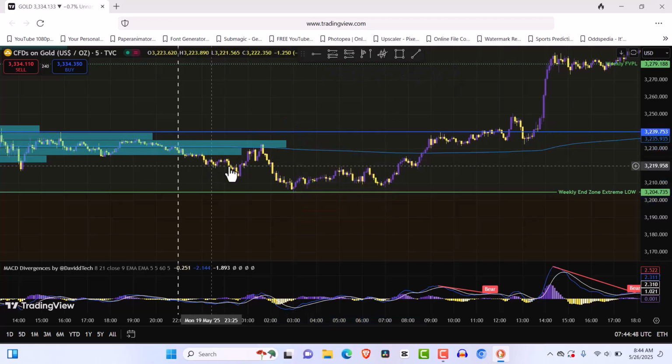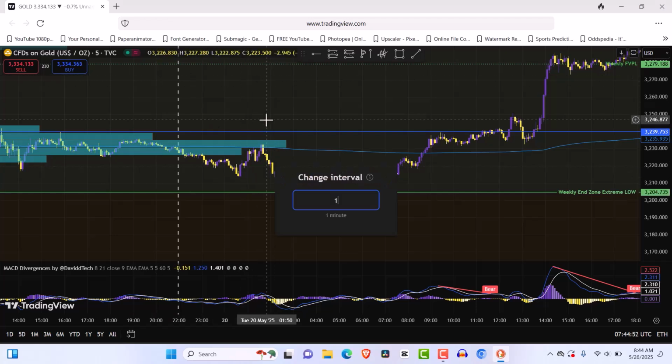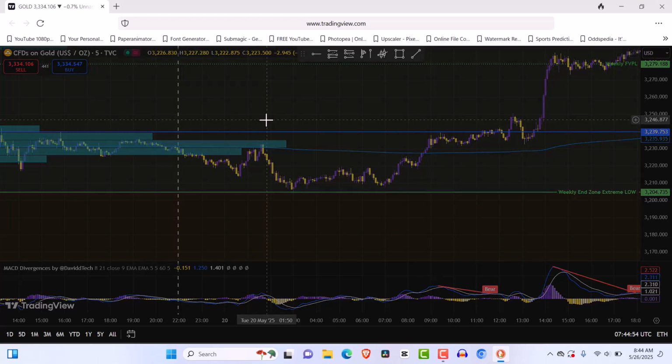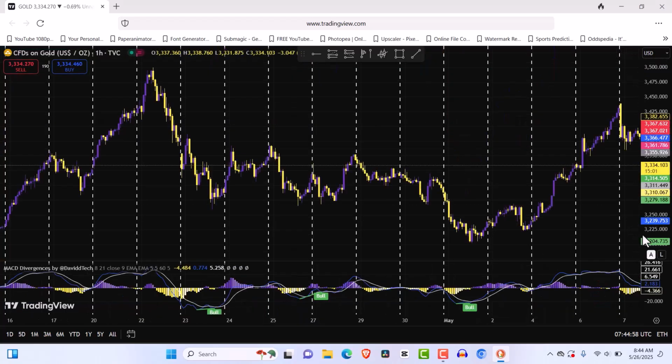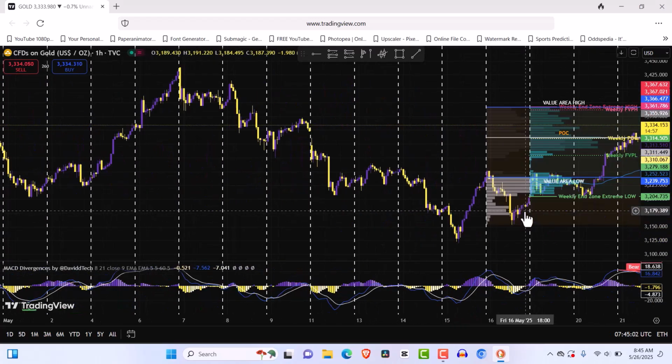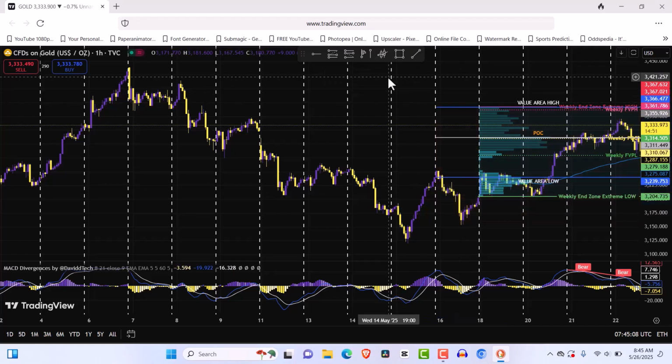But before we take the trade for Tuesday, we have to go back to the 1 hour. All right, we'll go back to the 1 hour and then we'll draw, because obviously we don't need this. Now we are done for Monday. Now we are going to draw for Monday.